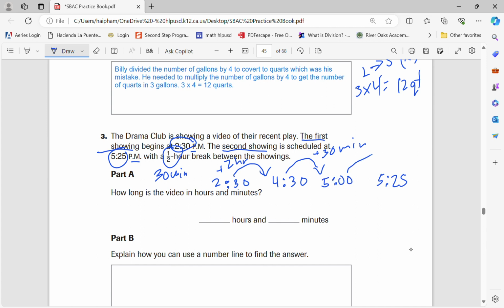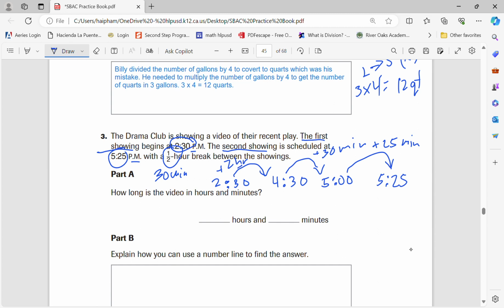But to get to 5:25, let's add another 25 minutes. Now, if you add the time up, you would get the total time from the first showing to the second showing. But remember, there was a 30-minute break in between, so we do need to subtract that.